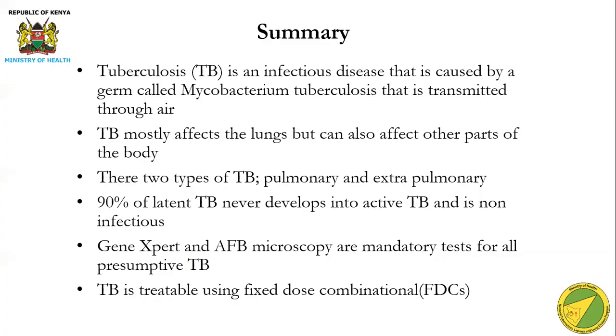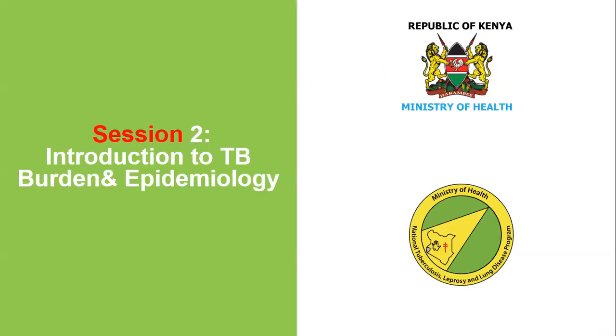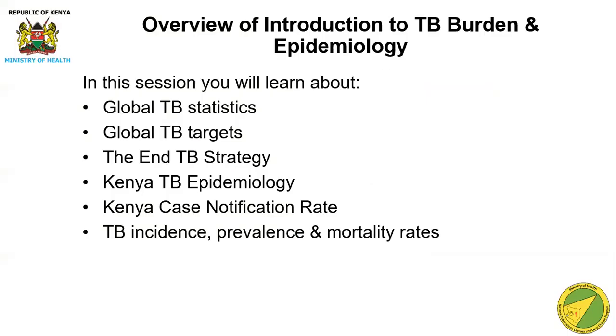Okay, so that is the basic fact about TB. And finally we go to the introduction to epidemiology. Here we will look at the global statistics about TB and the targets. We look briefly at the NTP strategy of 2018-2020.